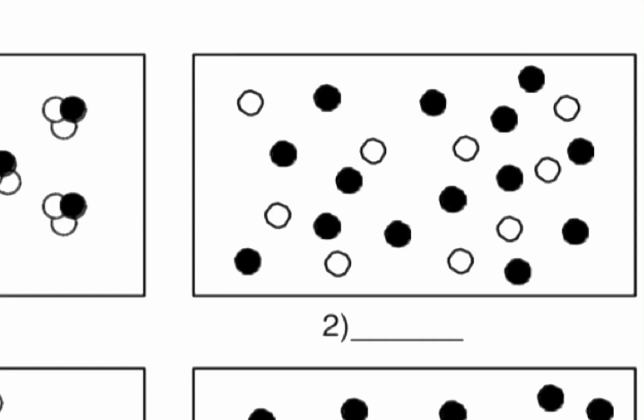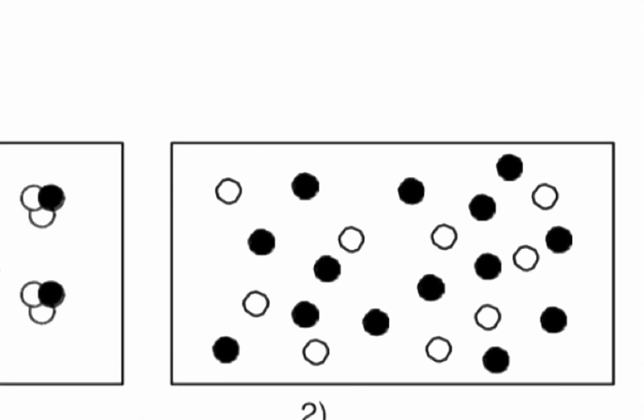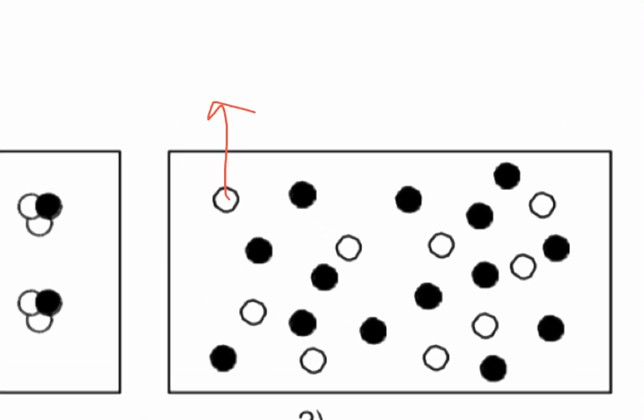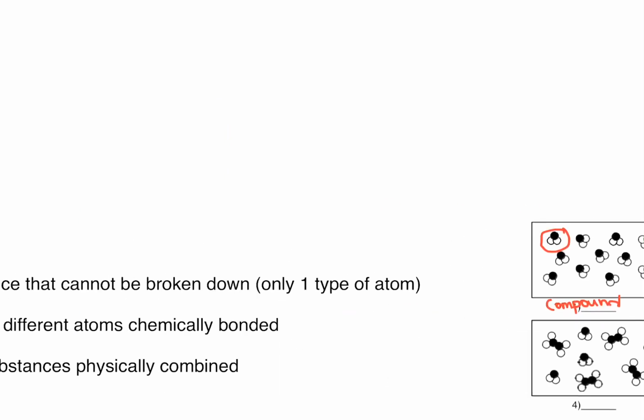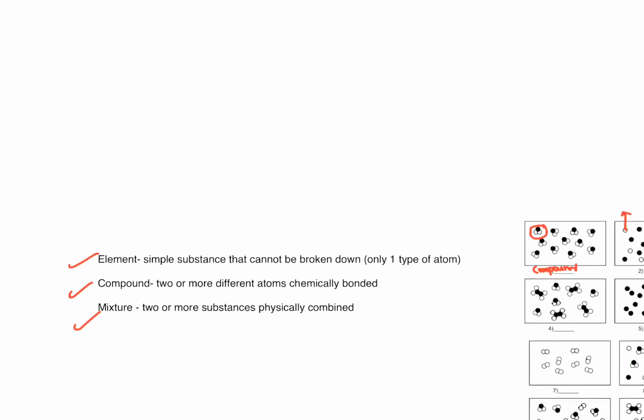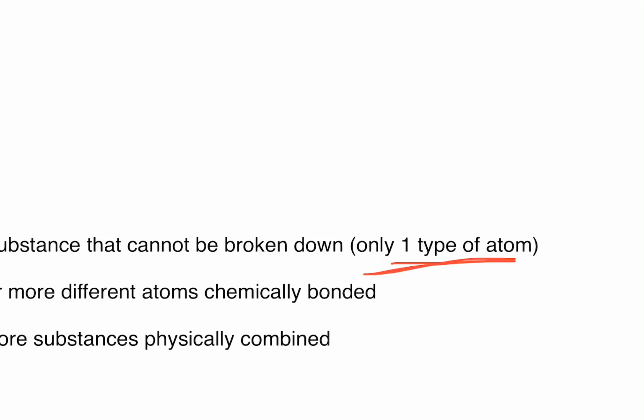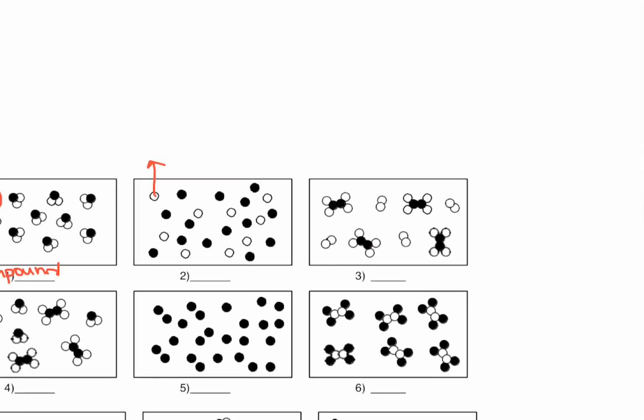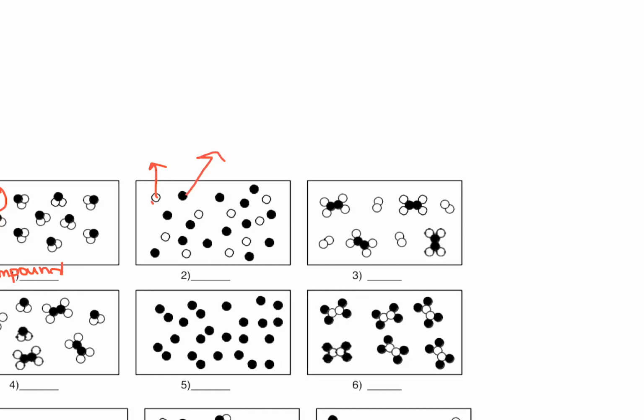Right, then you have this one. Here you have this one. So if you look at the definition, simple substance cannot be broken down, only one kind of atom. So here you have one kind of atom, and here you have another kind of atom. So there's two kinds of atoms, but they are not chemically bonded.